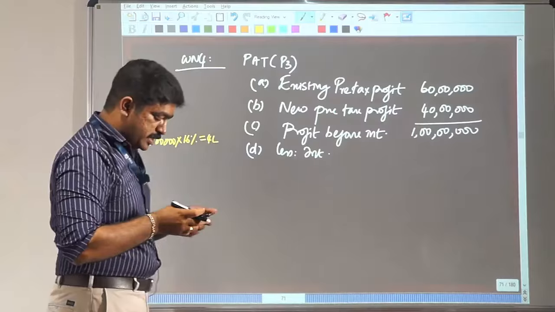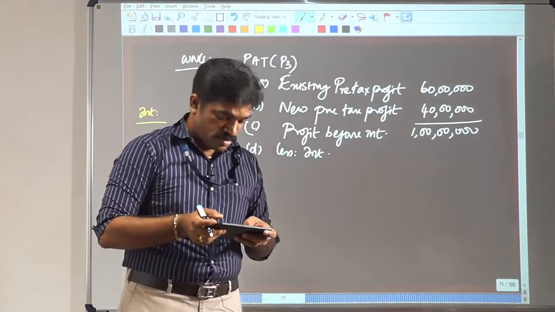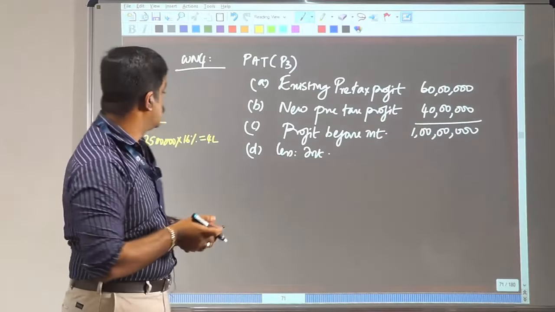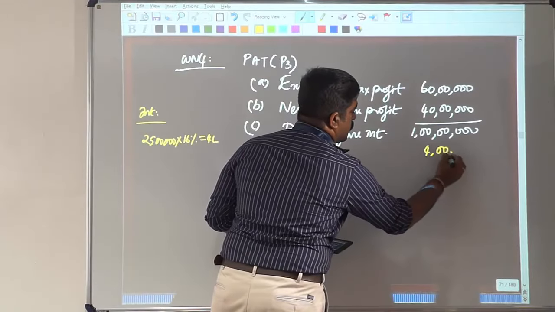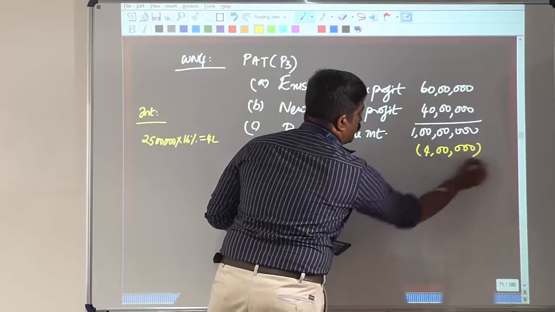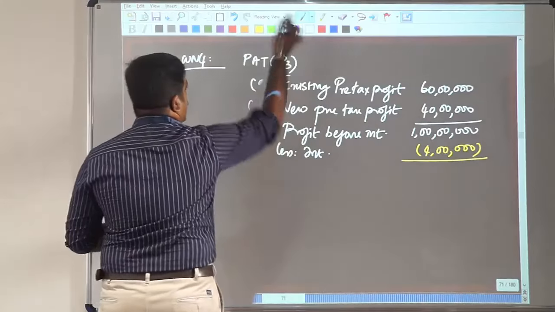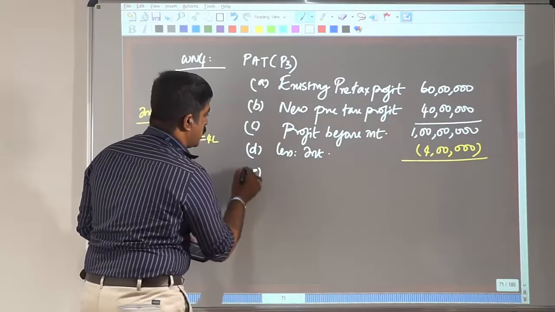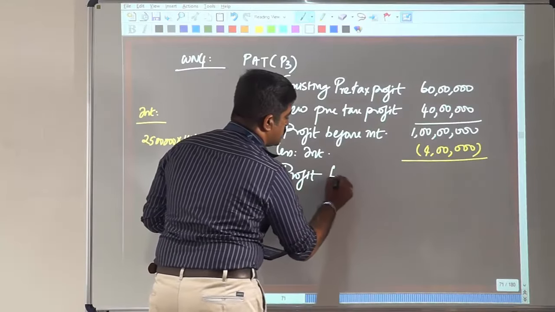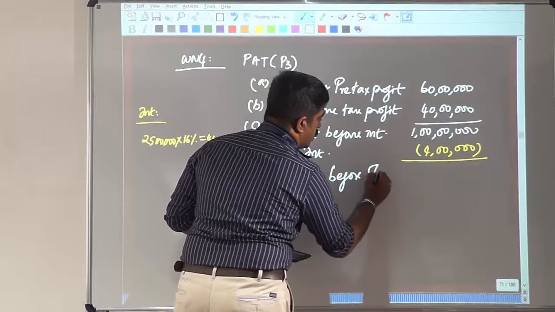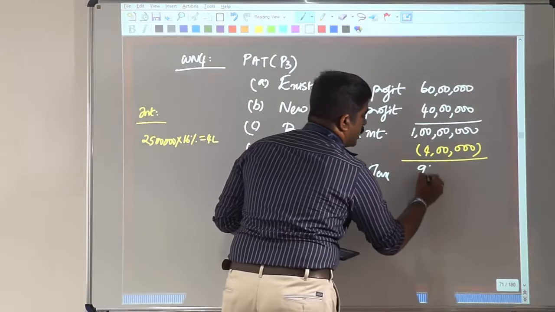Okay. Let me cross check. Is it 4 lakhs? Yeah, it is 4 lakhs. So interest is 4 lakhs. Let us subtract that. So what we have here is 96 lakh, and let me use the term correctly. It is profit before tax. It is going to be 96 lakh.